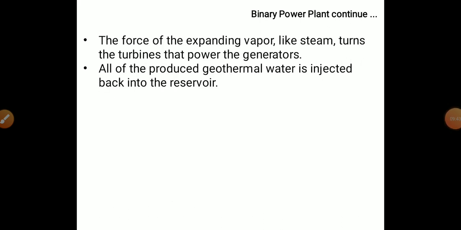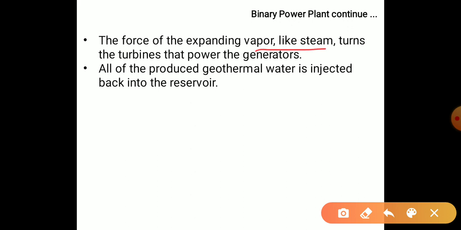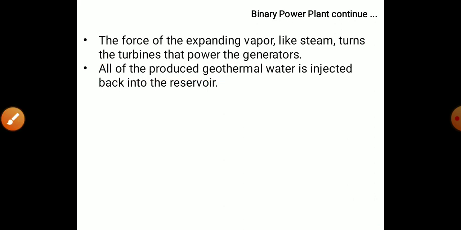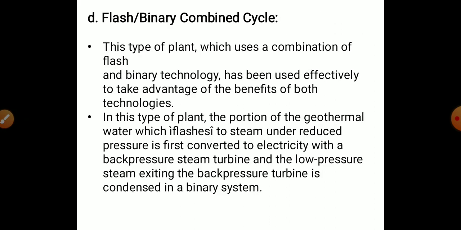Now the force of the expanding vapor, like steam, turns the turbine that powers the generator. All of the produced geothermal water is injected back into the reservoirs. As I told, no direct geothermal water is connected at the plant.